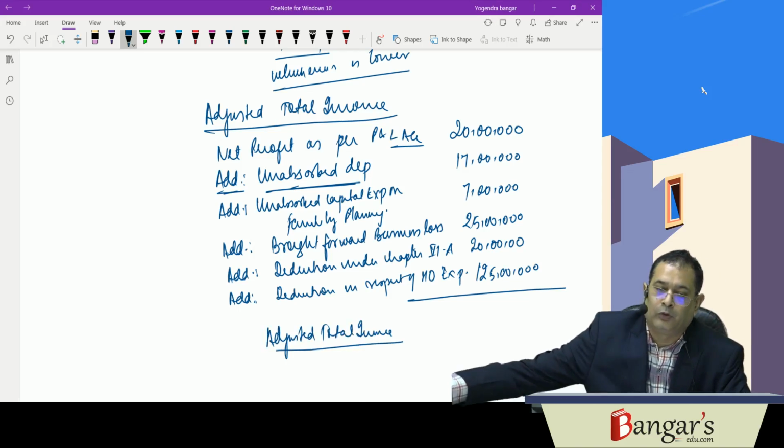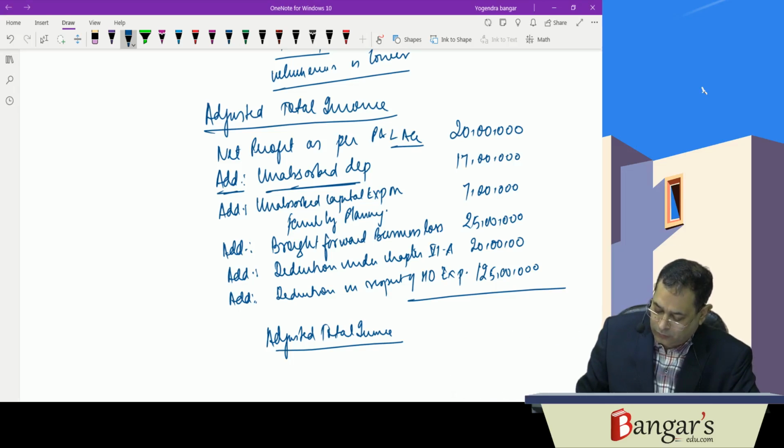When we compute it, how much does it work out to be? 20 lakhs plus 17 lakhs plus 7 lakhs plus 25 lakhs plus 20 lakhs plus 125 lakhs. It comes out to be 2 crores 14 lakhs.